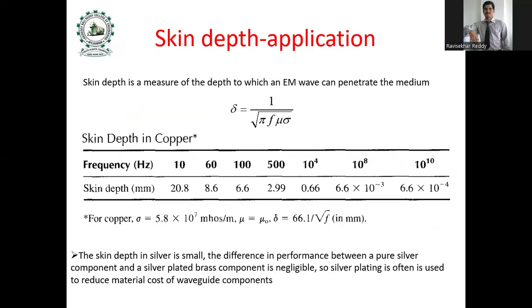So what is skin depth? Skin depth is a measure of the depth to which an electromagnetic wave can penetrate the medium. Skin depth in silver is small. The difference in performance between a pure silver component and a silver plated brass component is negligible. So silver plating is often used to reduce the material cost of waveguide components.